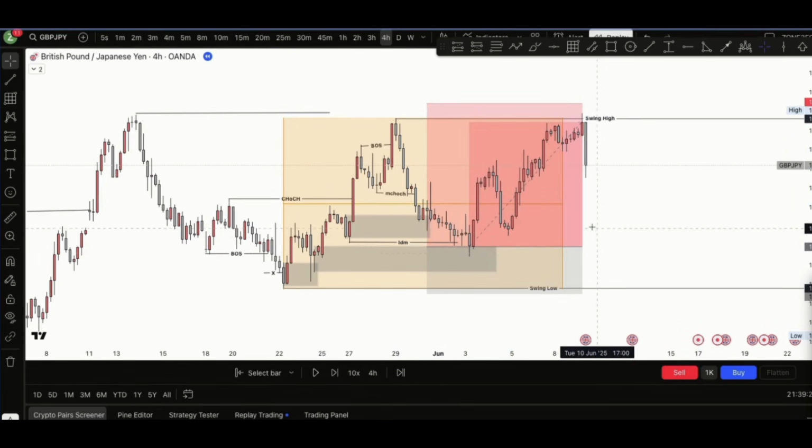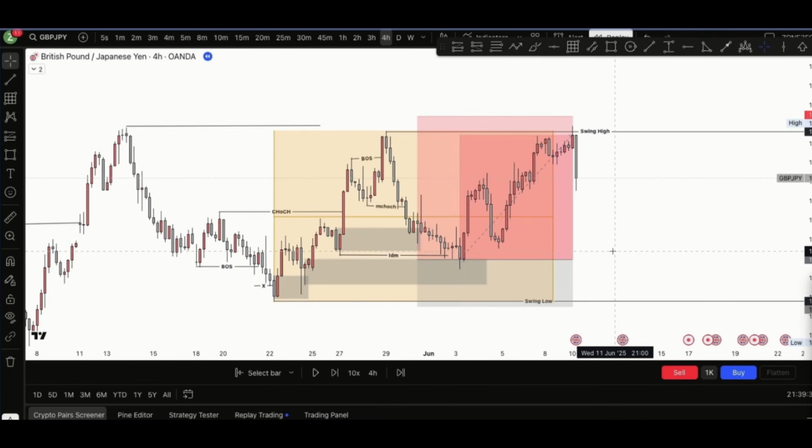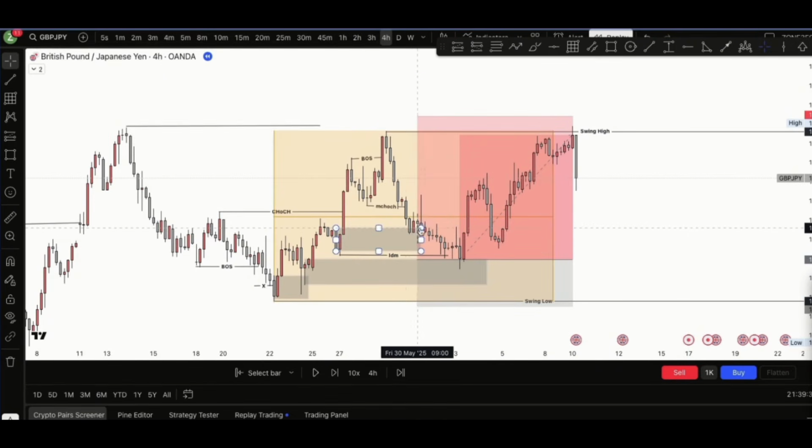So they always try to induce traders to enter early before they also continue with their order. So if they want to buy here, they will induce traders here by leaving some clear footprint. So they've now left their footprint, because basic SMC traders know that an order block is the last bearish candle before the aggressive move to the top.